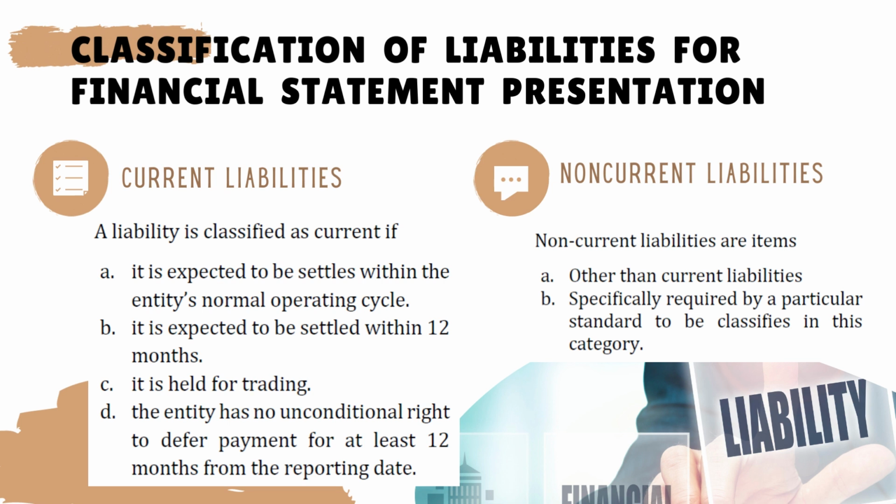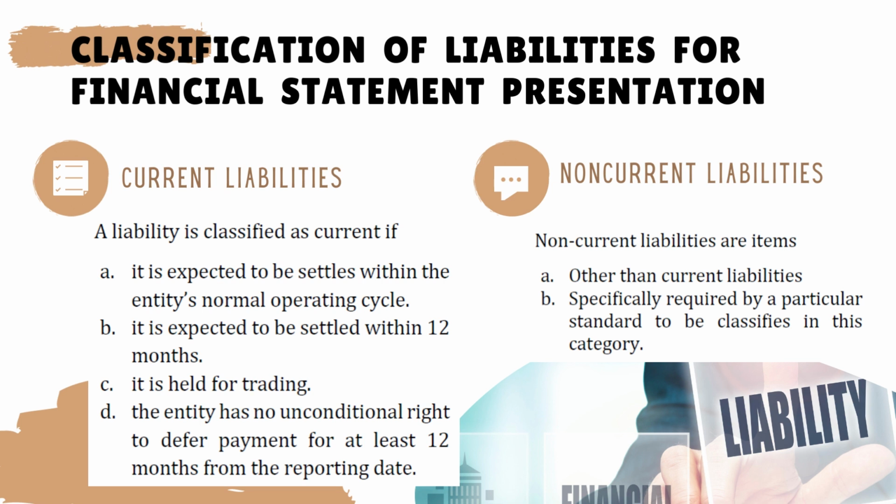So what you have to remember are these qualifications for an item to be part of current liabilities. If an item does not fall under any of these four, it will automatically be part of non-current liabilities.